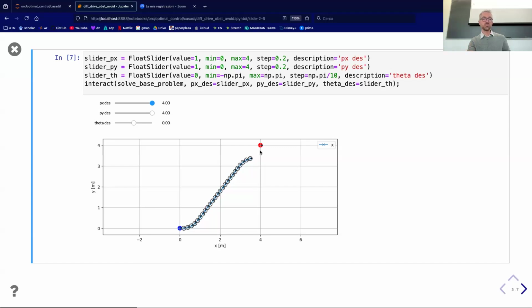Even if you do just a quick math in our heads, we know that the control input limits were 2 for the velocities. So the robot can move at most at 2 meters per second. And the horizon was 2.5 seconds. So in 2.5 seconds, the robot can do at most 5 meters. No, sorry, 10 meters.